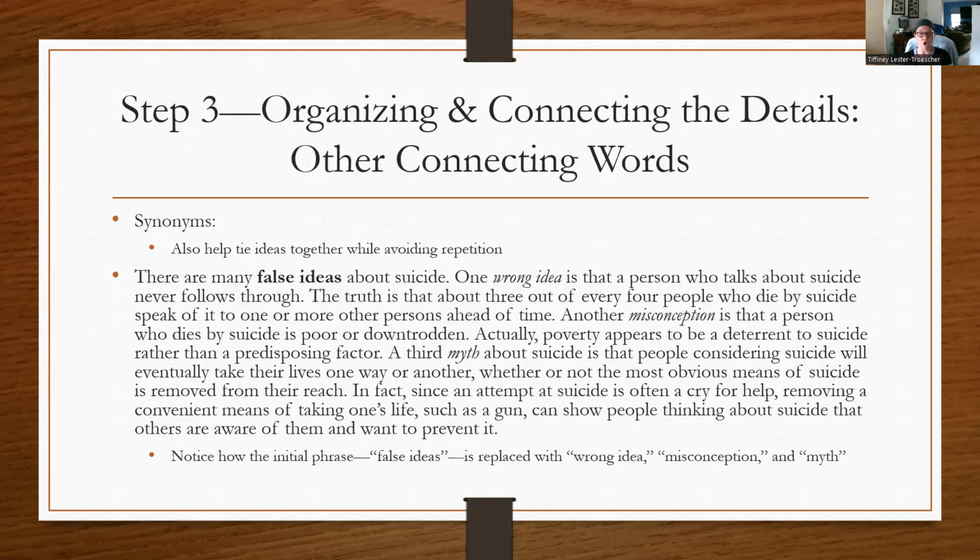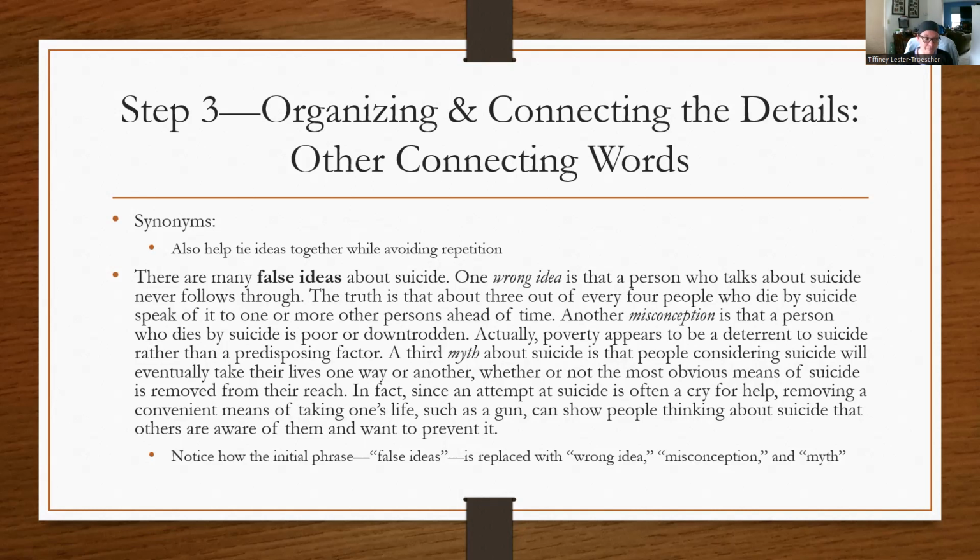There are many false ideas about suicide. But instead of using that same phrase every time they introduced a new false idea, they used synonyms. One wrong idea, that's pretty much the same thing as saying false idea. Another misconception, that's pretty much the same as false idea.